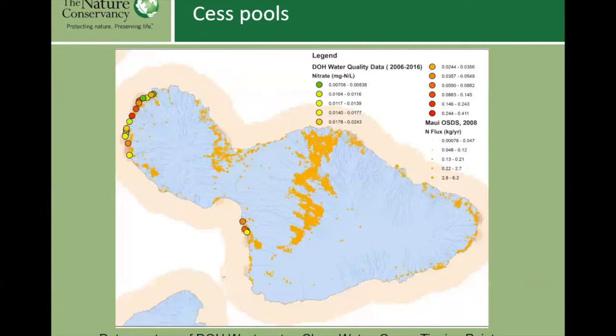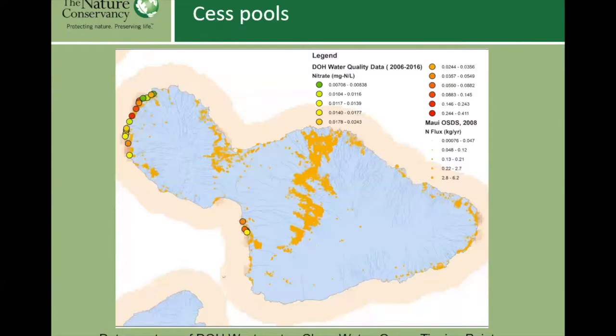And then I mentioned cesspools, but I don't think we had an image last time of what those cesspools look like. All those little orange dots represent all of the different cesspools on Maui right now. So you can see a lot of upcountry, a lot of Kahului. There's a lot of them out there. Also on this map, I have the red and green bigger dots, which are the Department of Health water quality data, summarizing the geomean of that data.